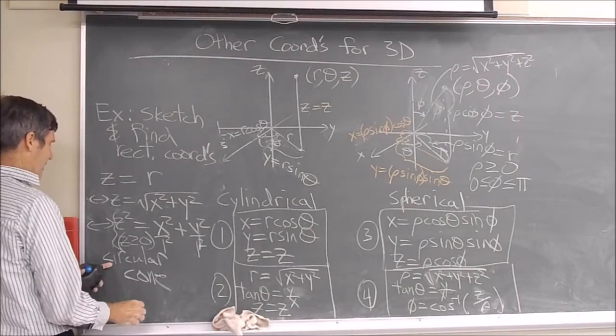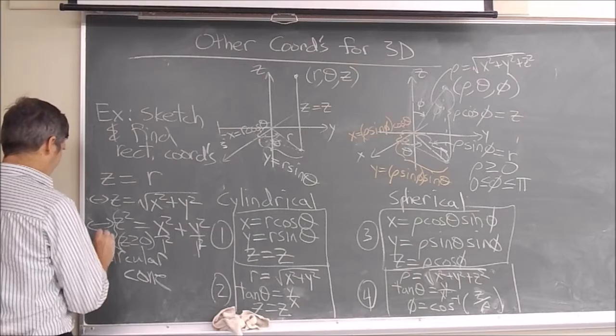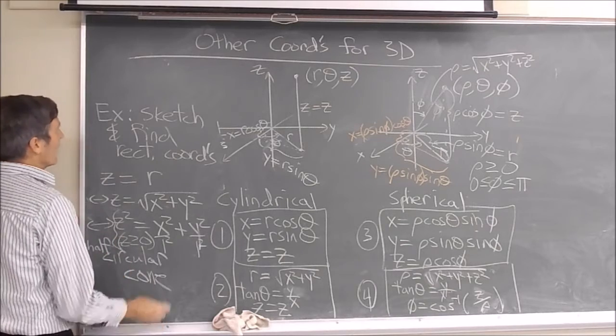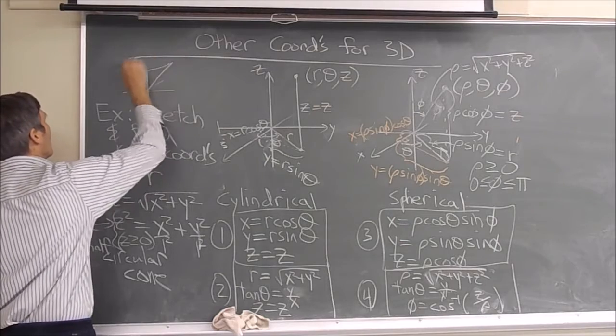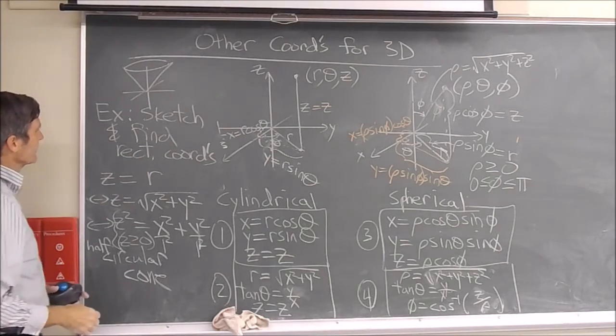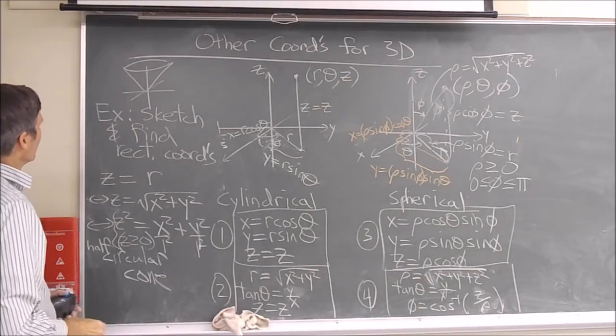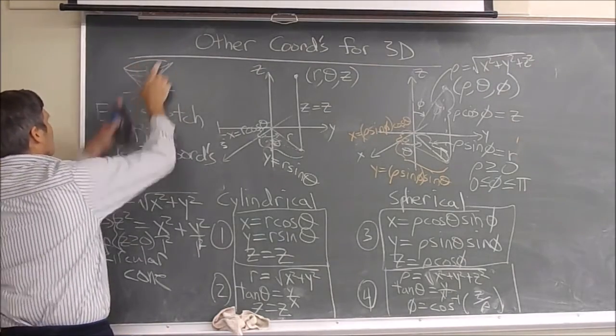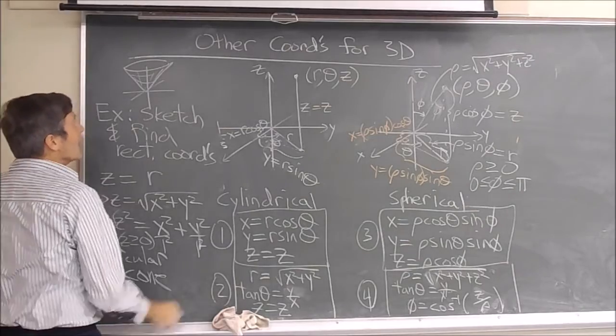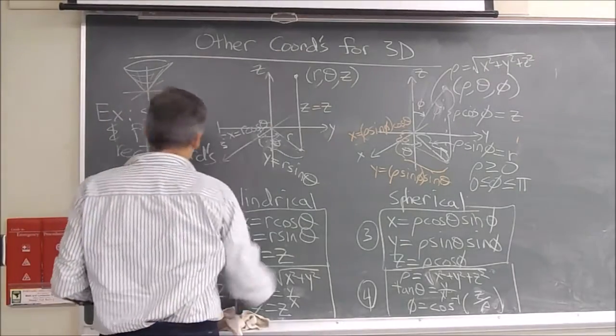So it's the half cone. So it's a half circular cone. We can sketch it like this, and this goes up to infinity. Alright, so there's converting an equation.